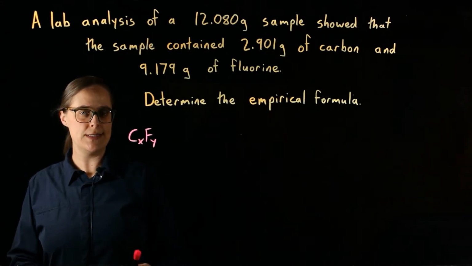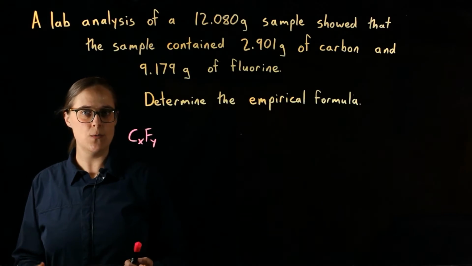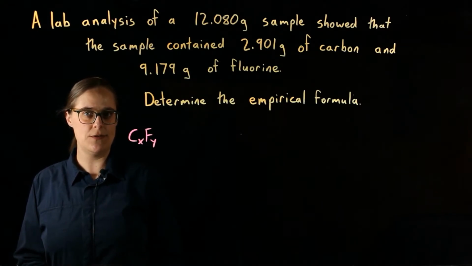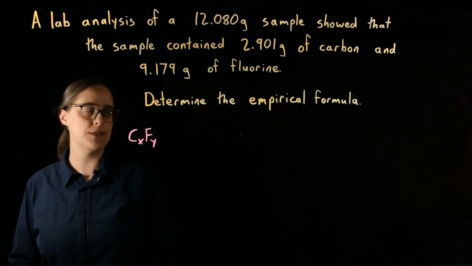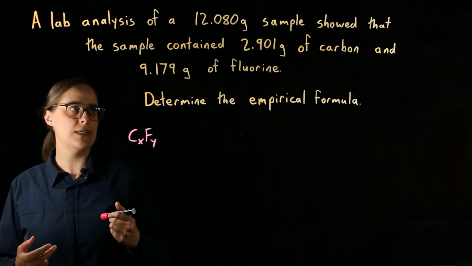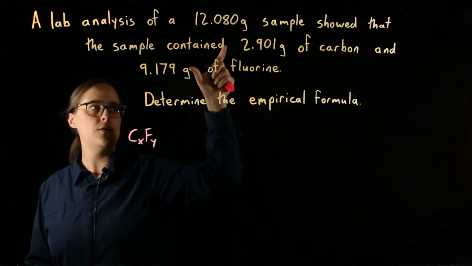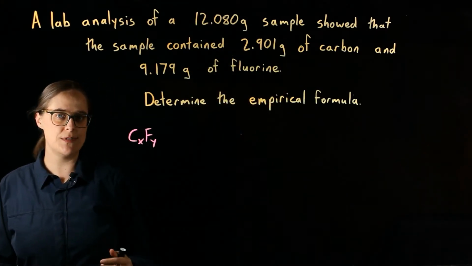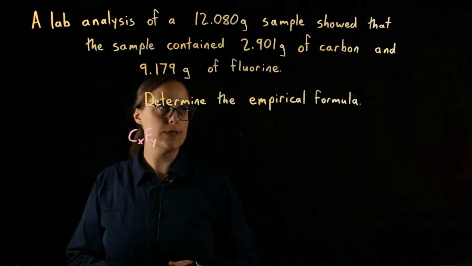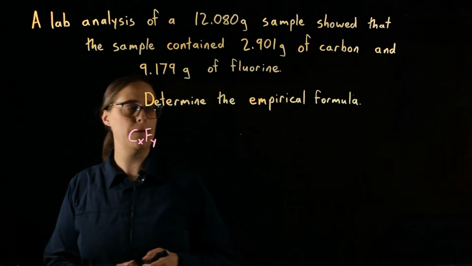A mole is a certain quantity of atoms. 1 mole would be 6.022 times 10 to the 23rd power quantity of atoms. So I can use masses from the periodic table for carbon and fluorine to convert these values of grams into moles.